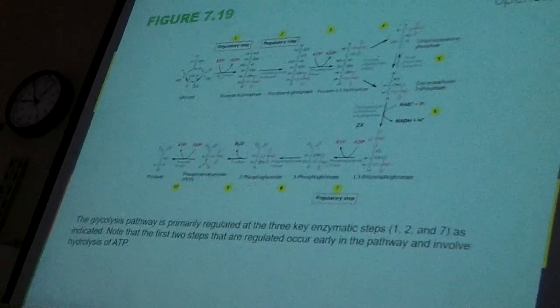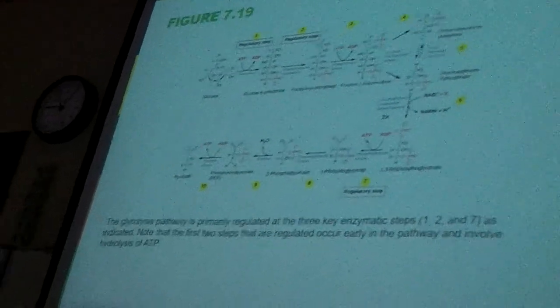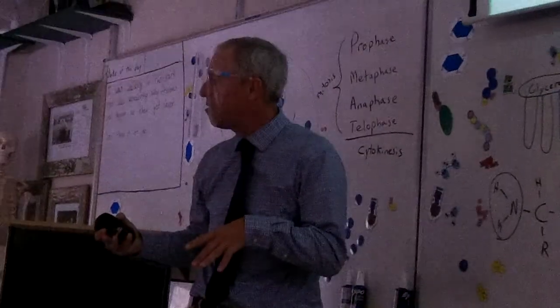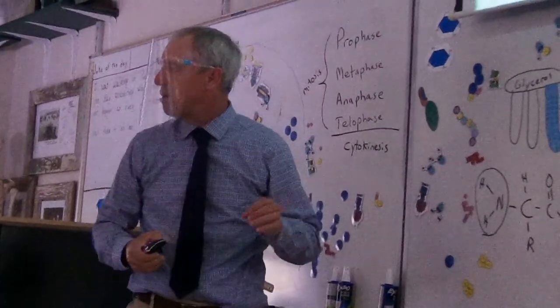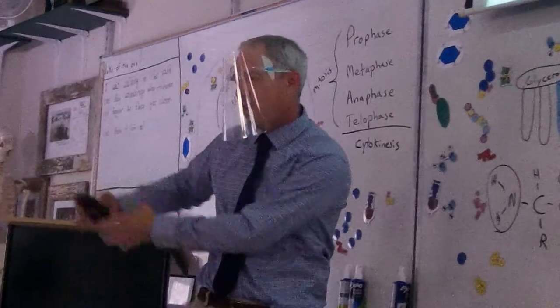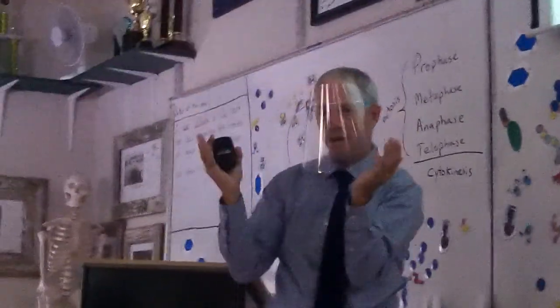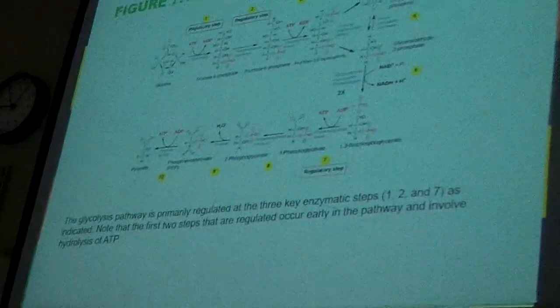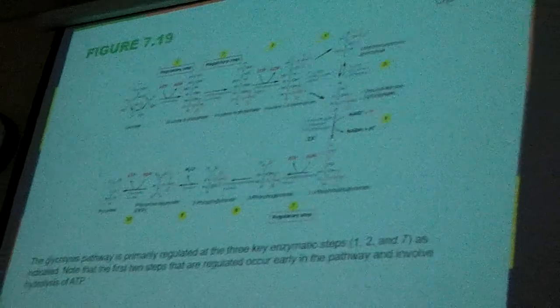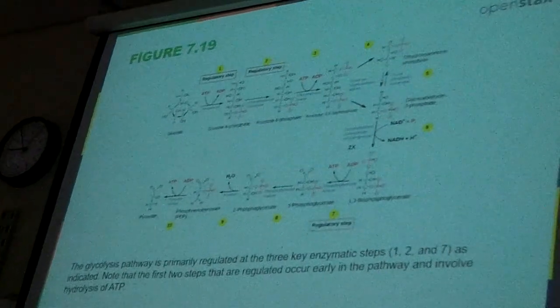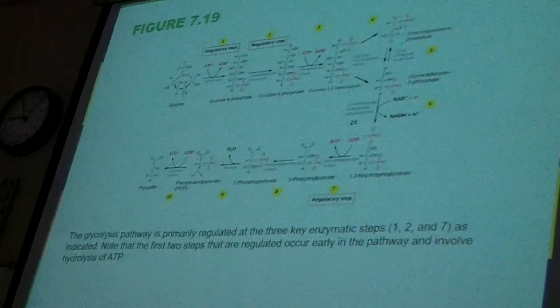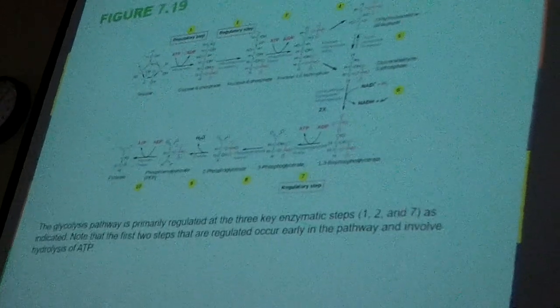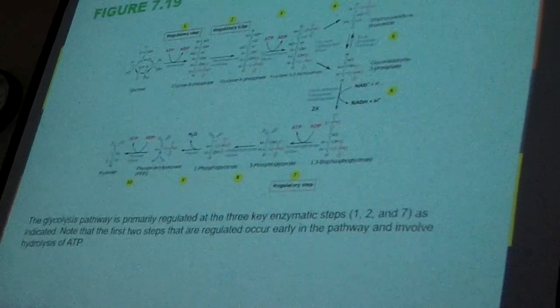We can stop that enzyme by having an inhibitor. Remember when we studied enzyme inhibitors? You had allosteric inhibitors and you had competitive inhibitors. Well, we can inhibit that enzyme. That's one way it's stopped. Then the glucose will not be broken down. It may diffuse out of the cell. That's a good point of regulation. Here's another point.